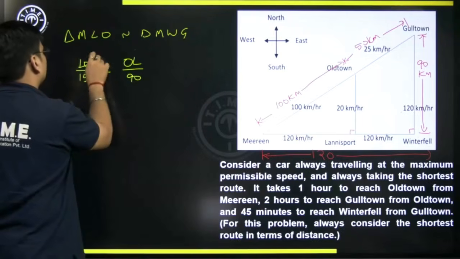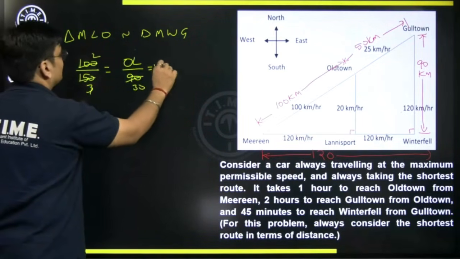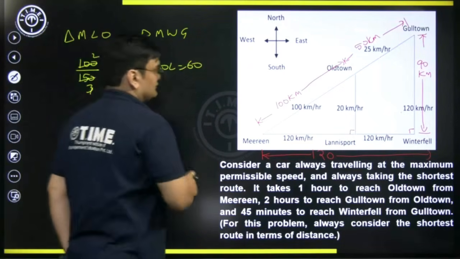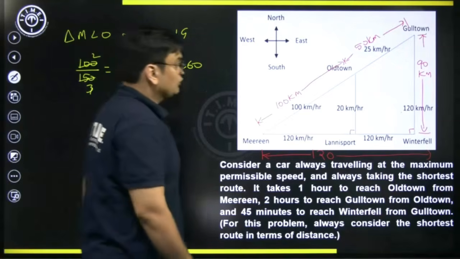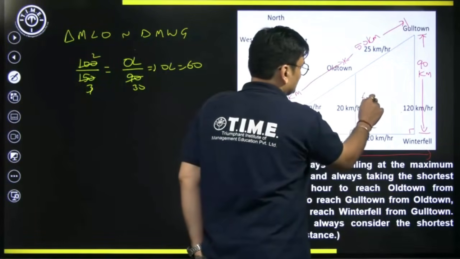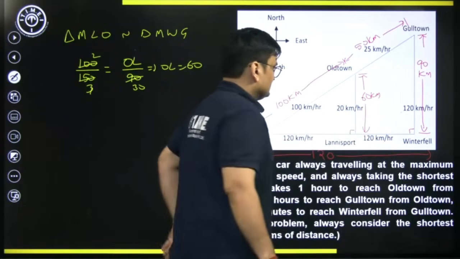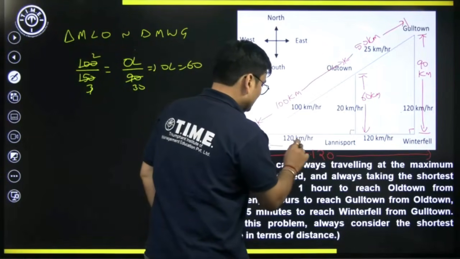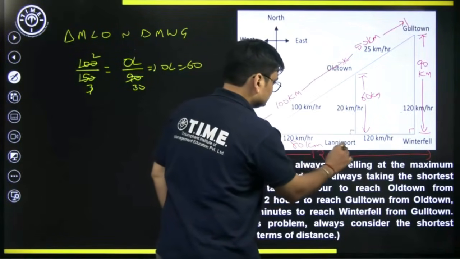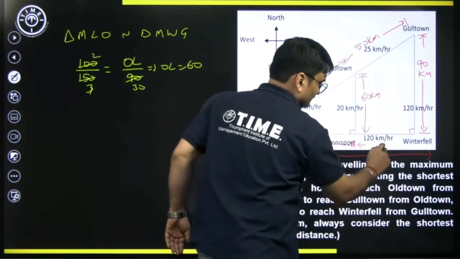So when you solve this, OL you will get as 60. So this distance OL, Old Town to Lannisport, is going to be 60 kilometers. Now this is 100, this is 60, and hence this distance here will be 80 kilometers. Overall was 120, hence this distance is 40 kilometers.